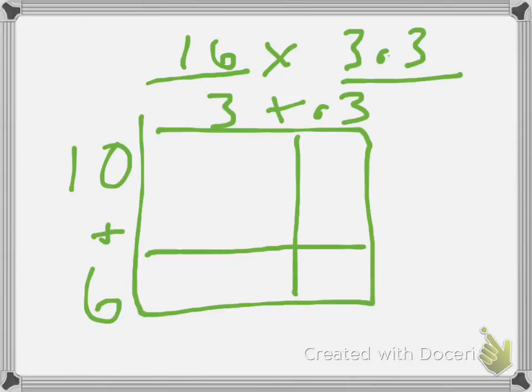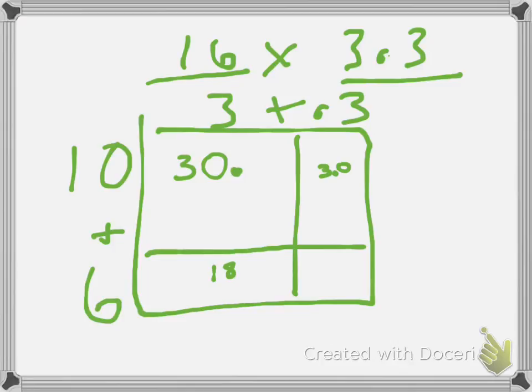Now, go ahead and work everything inside the box and do 3 times 10, which gives you 30. And what I like to do is put a decimal there because I am working with decimals. The next thing you're going to do is 10 times 3/10, which is 30, and then move your decimal to the middle to make it 3. Then you come down to the bottom box and do 3 times 6, which is 18.